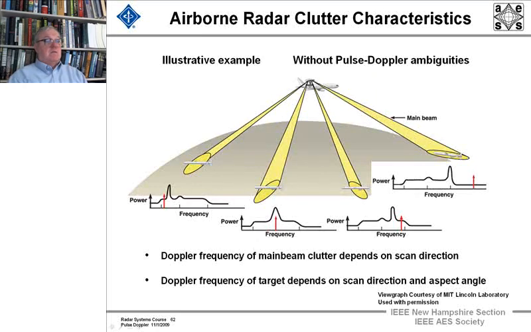And the Doppler velocity of the main beam clutter is going to depend on that scan direction. And the Doppler velocity of the target here is going to depend not only on the scan direction, but also on the aspect angle.